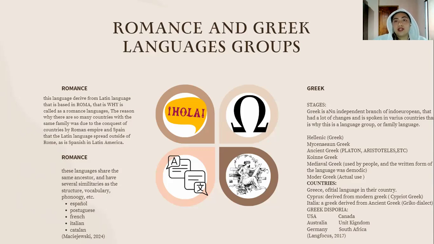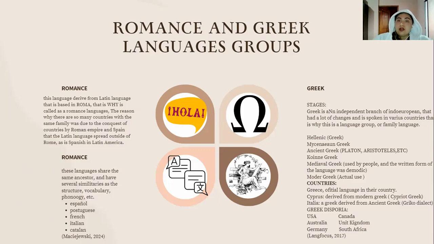That's why the branches of Latin extended not only in Europe but also in America. These languages share the same ancestor, the same proto-language, and have several similarities in structure, vocabulary, and phonology. They are Spanish, Portuguese, French, Italian, Catalan, and others.